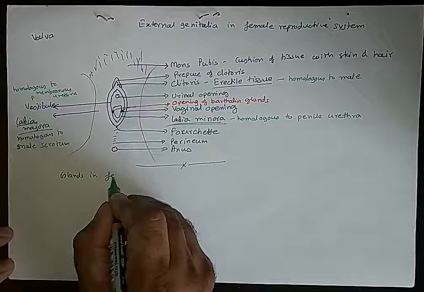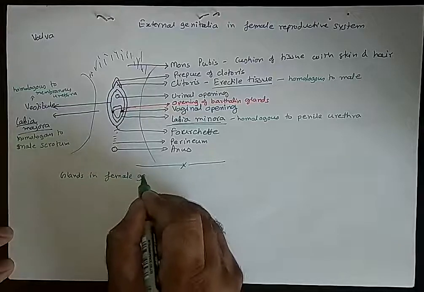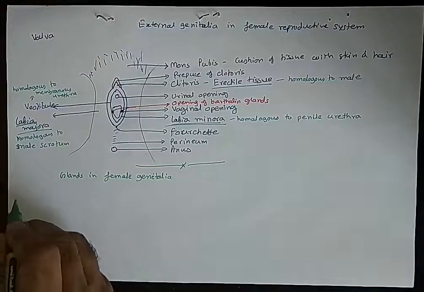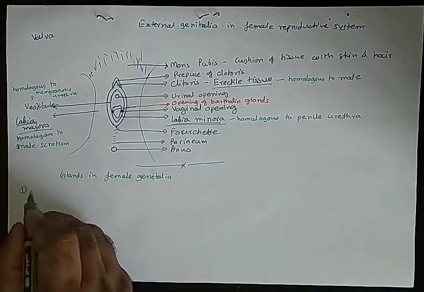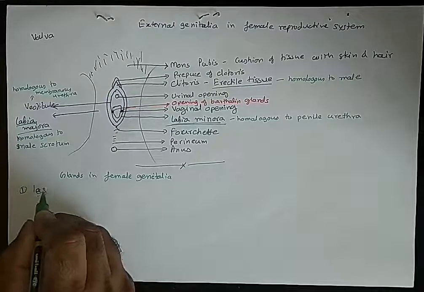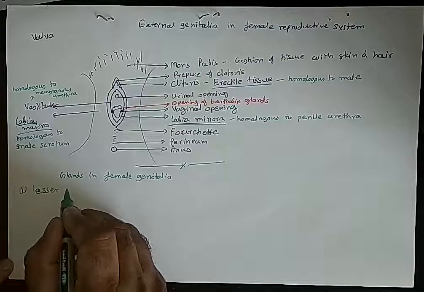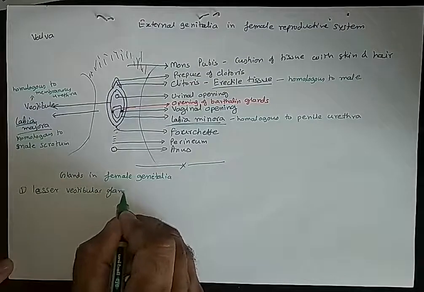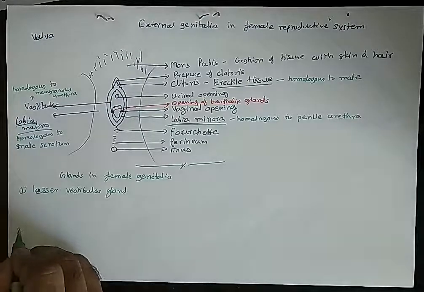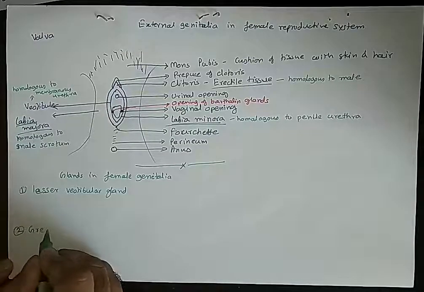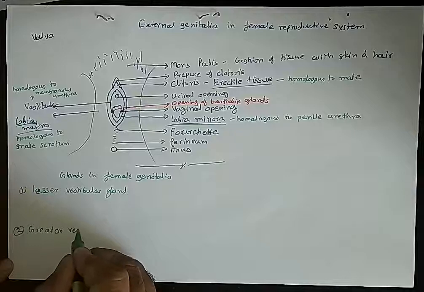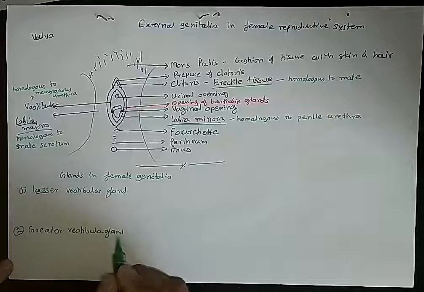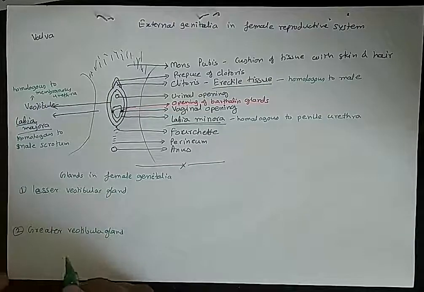The first gland is called the lesser vestibular gland, and another gland is called the greater vestibular gland.